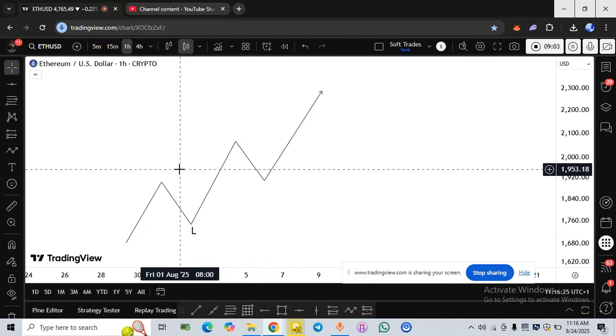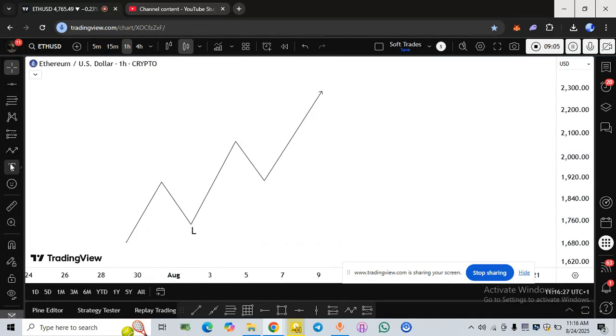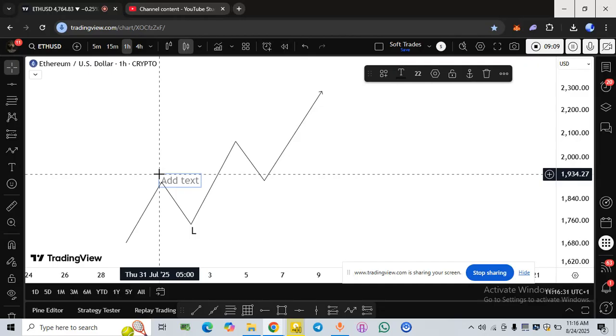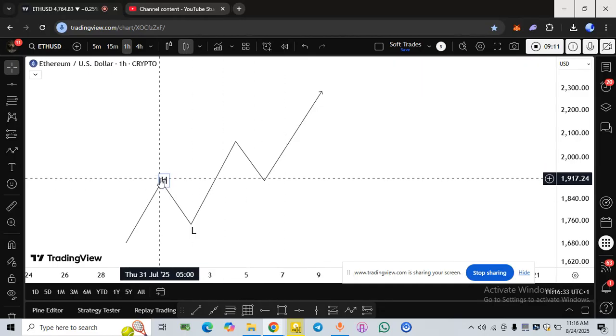We're talking about bullish structure now. And this area is a high.